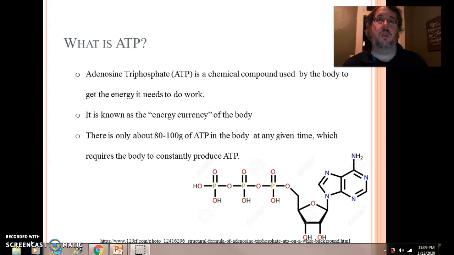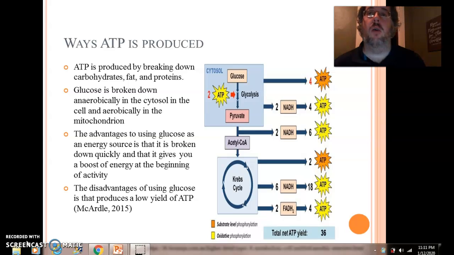So the body constantly has to produce more ATP to restore what it uses as we do work. This leads me to how ATP is produced.